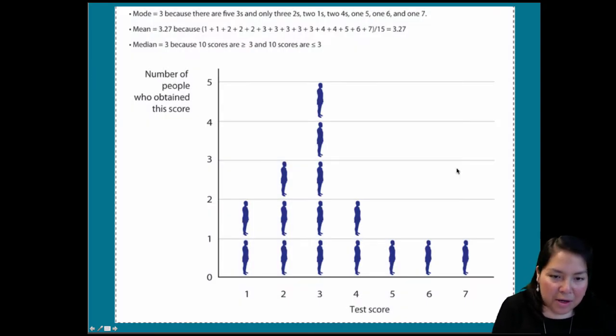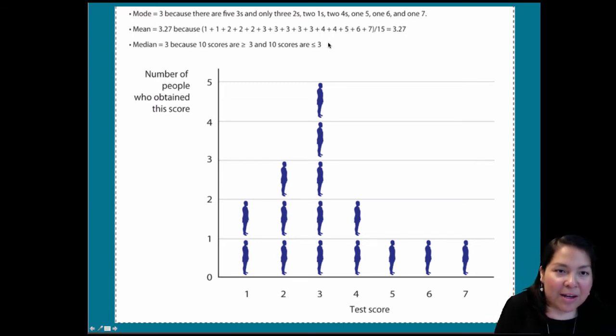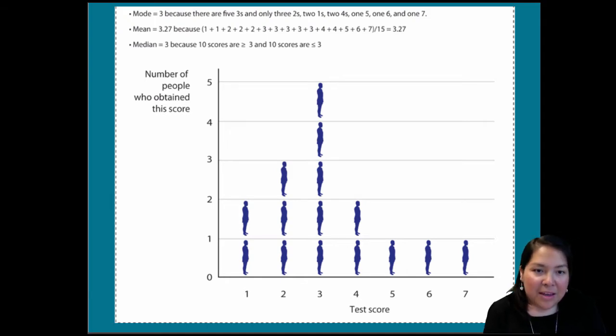On this next slide, we have a great graphic representation that's presented in the chapter. Here we have all three measures of central tendency, and they provide a great example of what it actually looks like with the number of people and the test scores that they received.